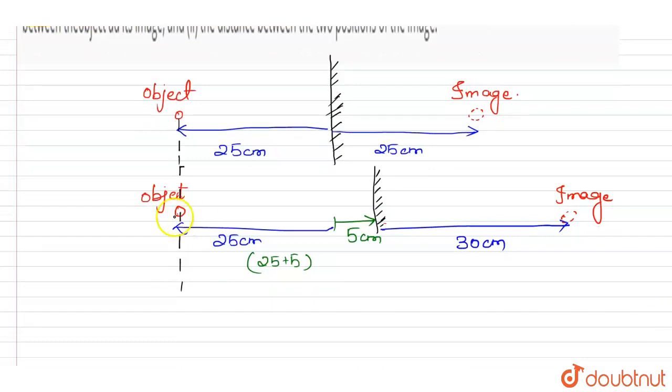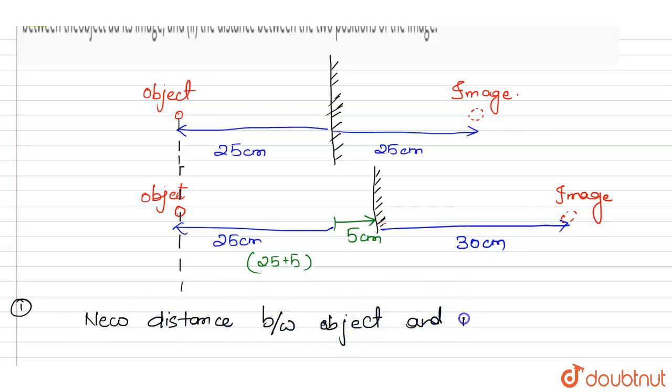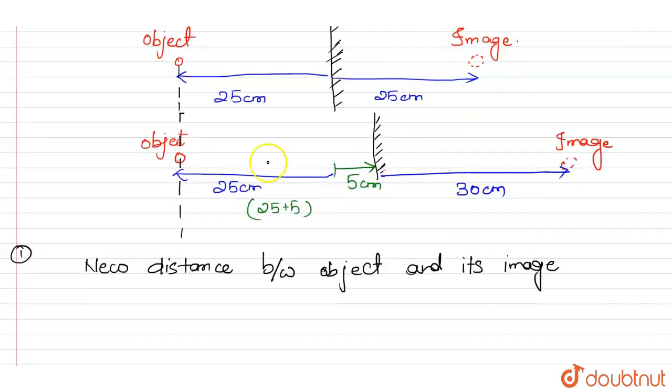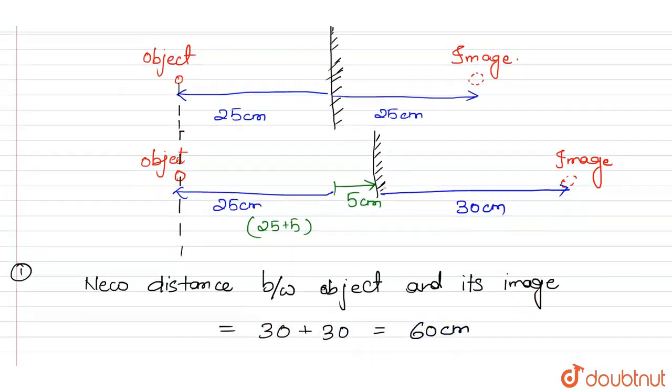The object distance is the same, so the new distance between the object and its image is 30 cm plus 30 cm, that is 60 cm.